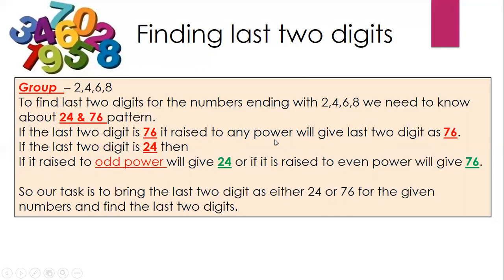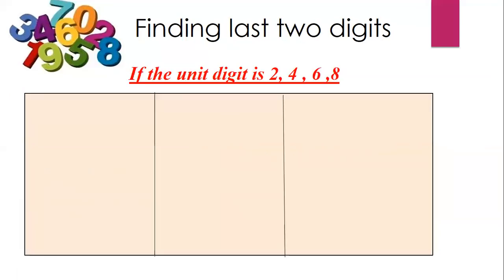If 24 is raised to any even power, then the last two digits will be 76. If the last two digits are 76, raised to any power it gives 76 only. So to find the last two digits for any even number ending in 2, 4, 6 or 8, our task is to make the last two digits 24 or 76, and based on that we can find the last two digits.